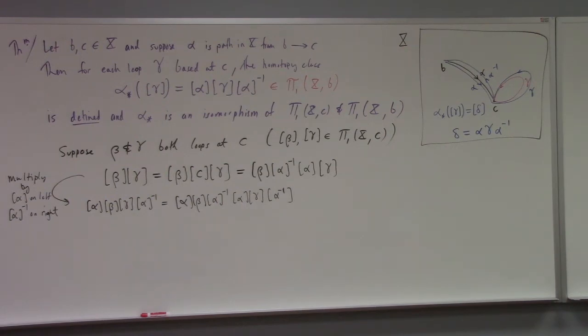What is alpha? Alpha goes from B to C. What was gamma? Gamma's a loop at C. Alpha inverse goes from C to B. And so we go, oh, I keep forgetting, I need to read right to left, right?